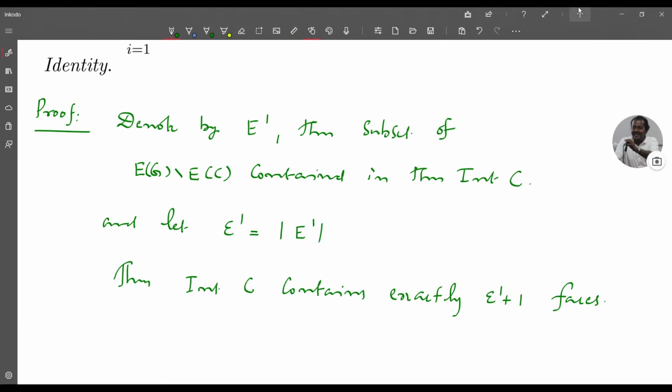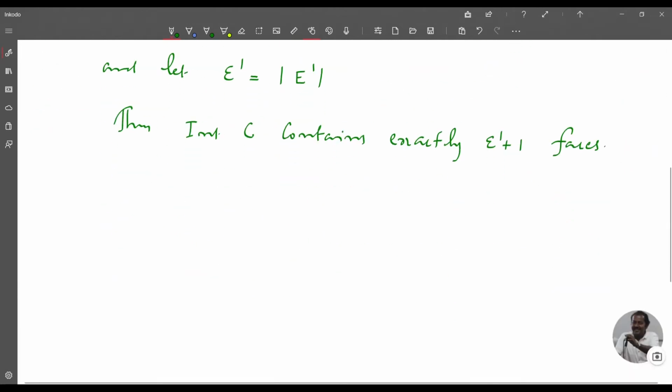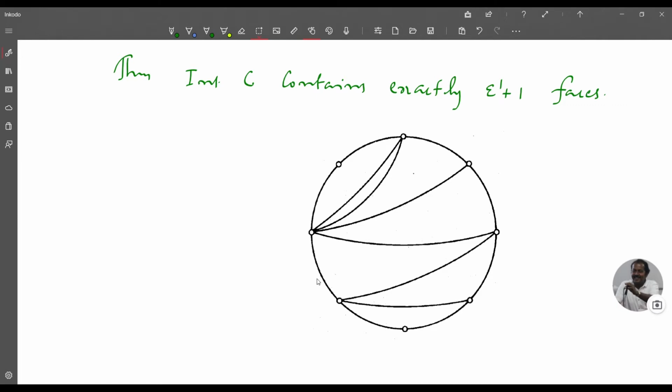For example, you can consider this graph. This is the Hamilton cycle C, which passes through all the vertices of the graph, and E dash is the set of edges in the interior of the cycle C. So 1, 2, 3, 4, 5, 6. These 6 edges belong to E dash, and epsilon dash is the number of edges in the interior of C, so it is 6.